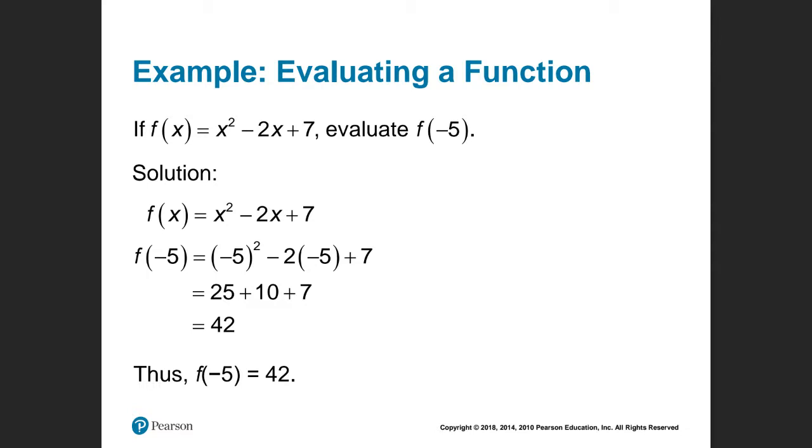Just replace x with negative 5. So now it is negative 5 squared minus 2 times negative 5 plus 7. Negative 5 times negative 5 is 25. Negative 2 times negative 5 is plus 10, plus 7. So the answer is 42. Thus, f of negative 5 equals 42.